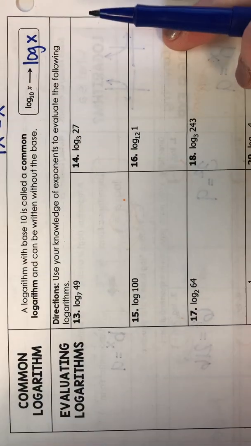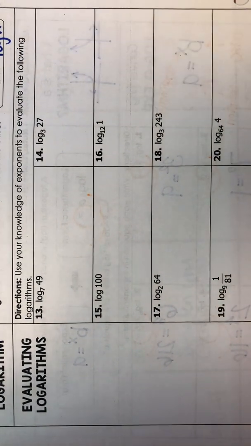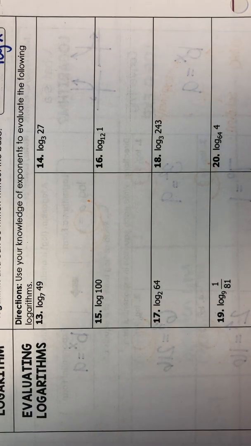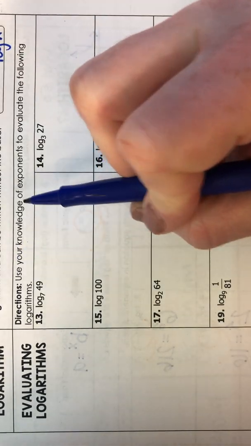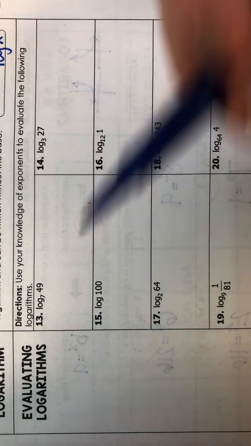So we're going to take that information and learn how to evaluate logarithms, okay? Now these are very simple ones. They can be done without a calculator. It says use your knowledge of exponents to evaluate the following logarithms.